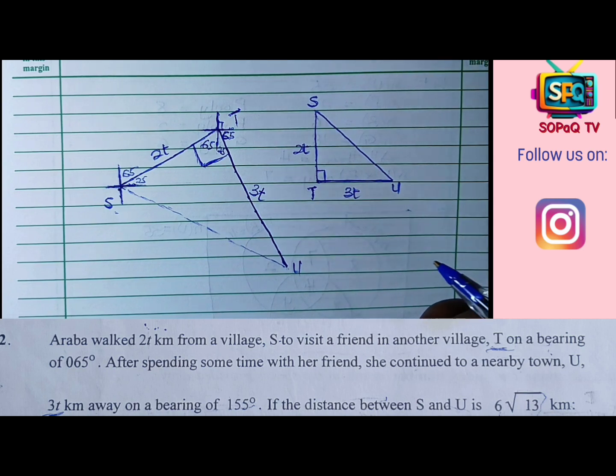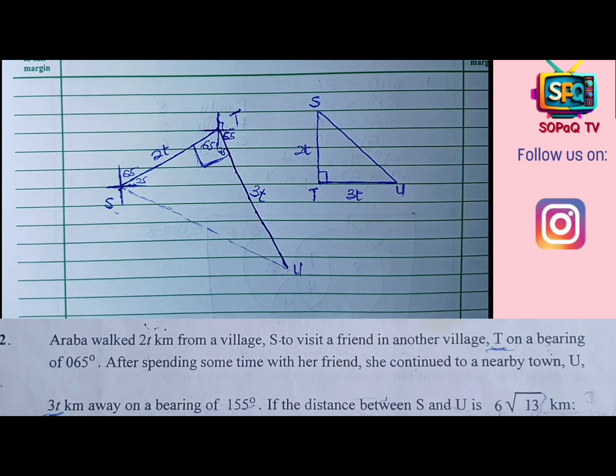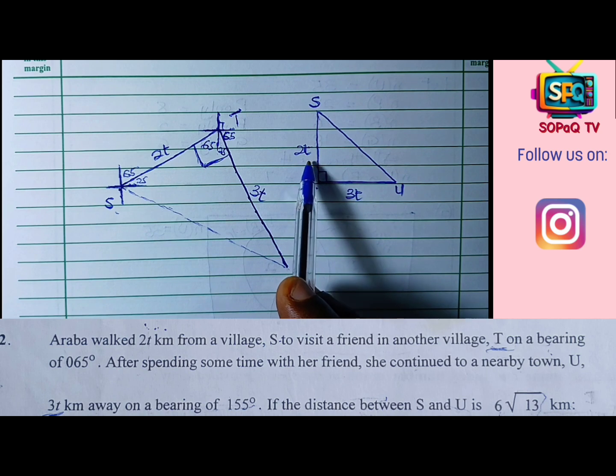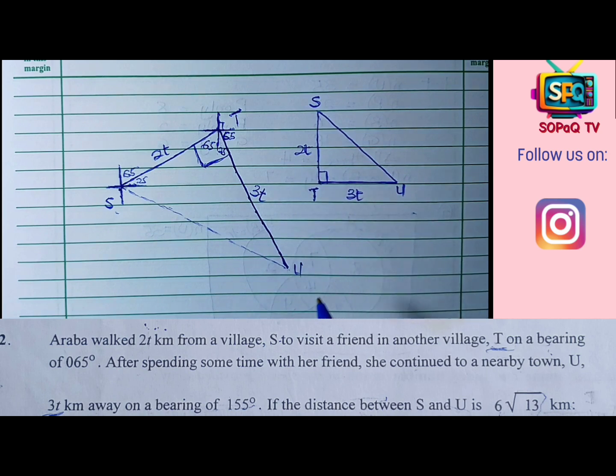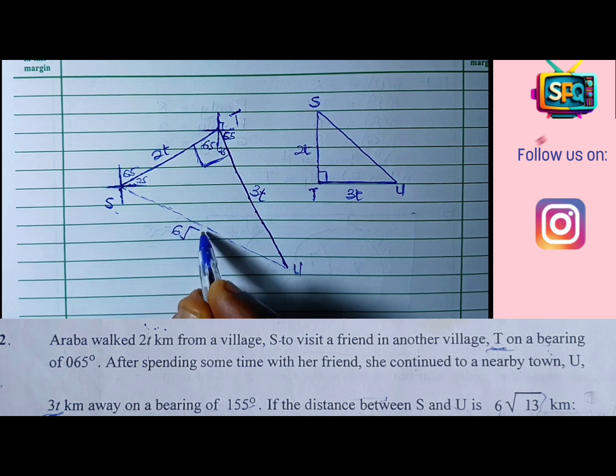So that it will look more clear. Now the idea of Pythagoras can be applied. But before then, let's read the next question. The next question says that we are to calculate, correct to the nearest whole number, the value of T. How do we manage to get T? From question 2, don't forget the distance of SU was given as 6 root 13.